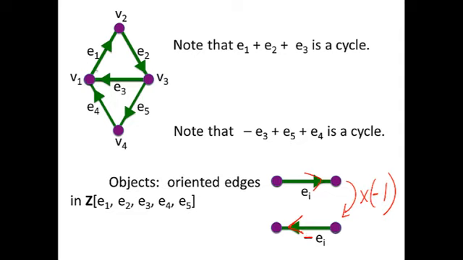I still have the cycle E1 plus E2 plus E3, but now I can talk about the cycle of minus E3 plus E5 plus E4. So the orientation tells me how to travel along the cycle. In the first example, I travel in the direction E1, E2, E3, while in the second example, I travel in the direction minus E3 plus E5 plus E4.